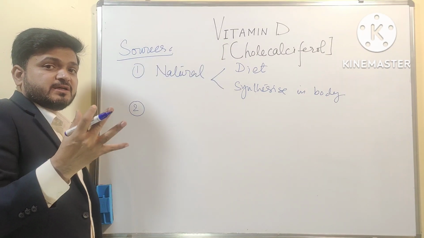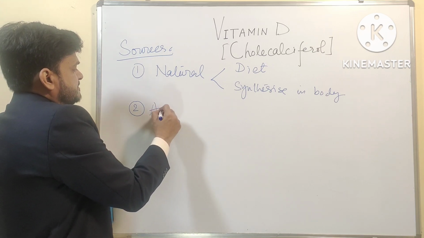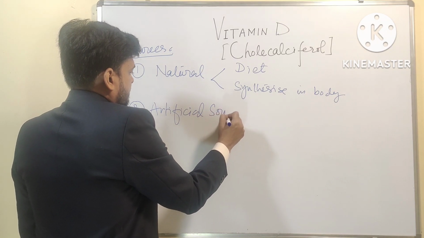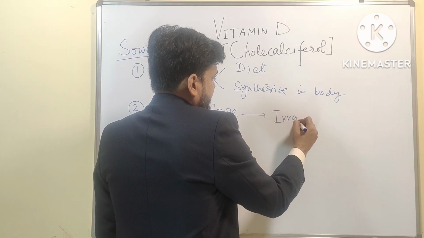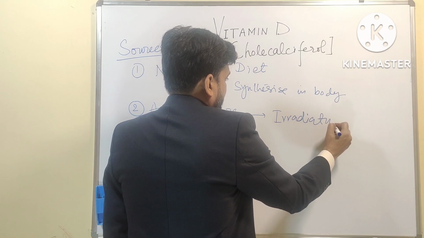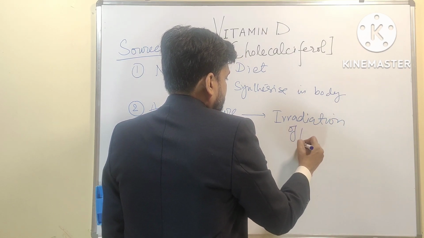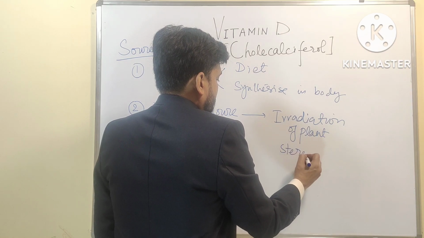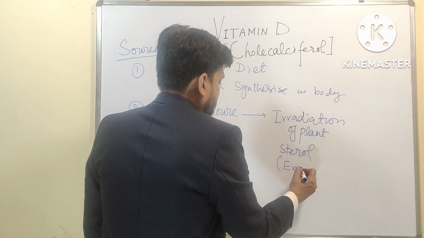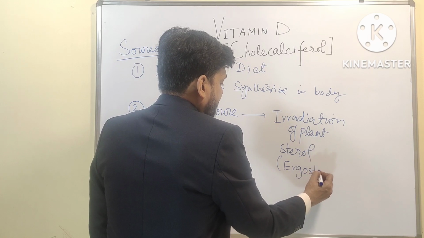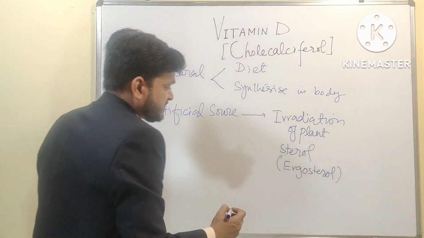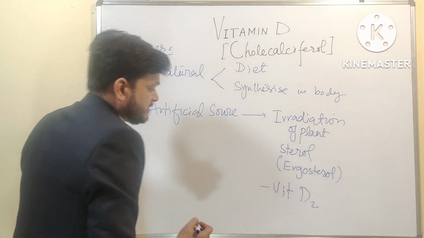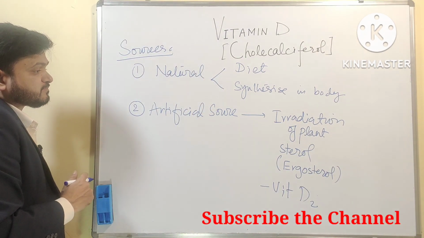It can also be obtained from an artificial source. It is irradiation of plant sterol, ergosterol, which is a form of vitamin D2. It is known as vitamin D2.